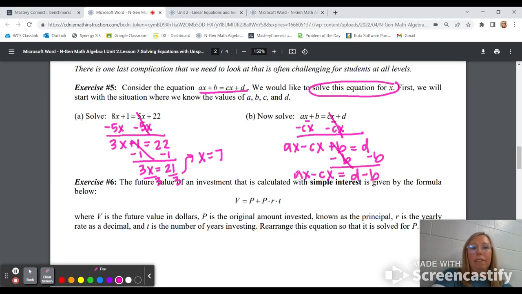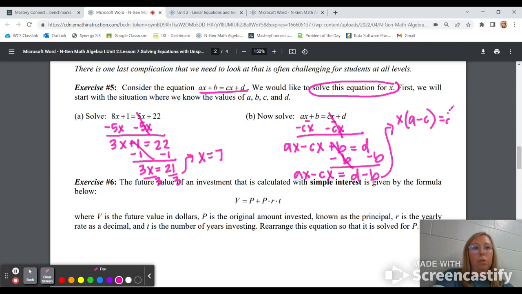But we still need to get rid of a and c. Since both of them are being multiplied by x, we can actually use the distributive property to rewrite that as x times a minus c. So what I just did there is I factored out the common factor of x and put it on the outside to simplify that to just a minus c there in the parentheses.